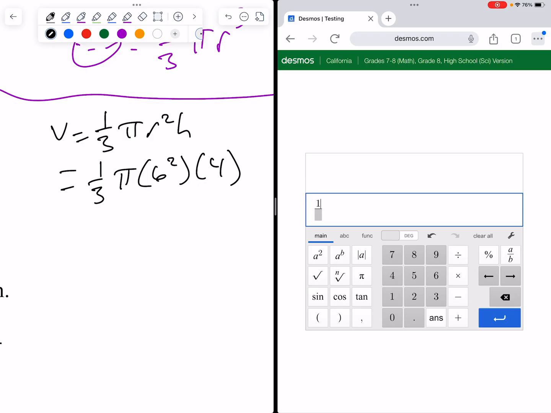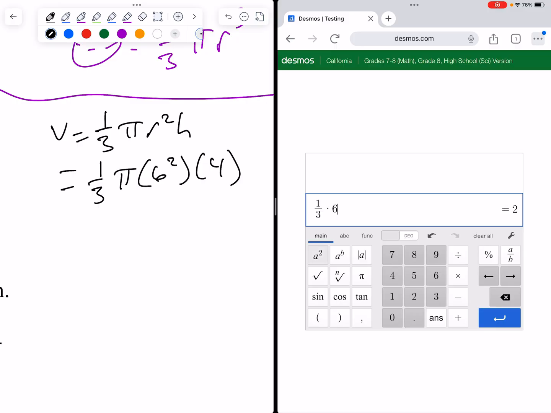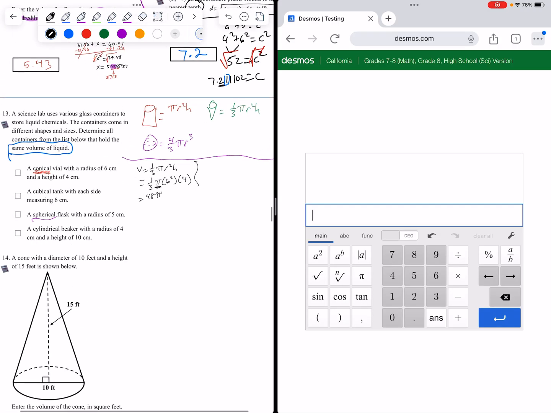So I got 1/3 times 6 squared times 4. That gives me 48 pi. Notice I left that alone, because if I multiply times pi, it gives me an annoying number. I don't want to write a decimal. I'm going to leave it as pi, and you'll see why in a little bit.